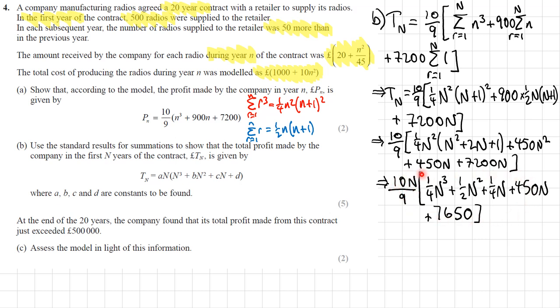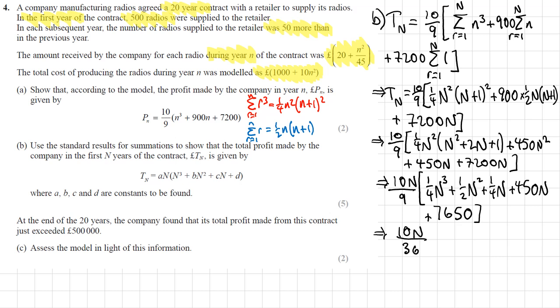Keeping an eye on the answer, I notice that not only is there n taken out, but the coefficient of the n cubed term needs to be 1. So I need to take that quarter out. So in fact, outside of the brackets, I'll have 10n over 9 times 4, 36.